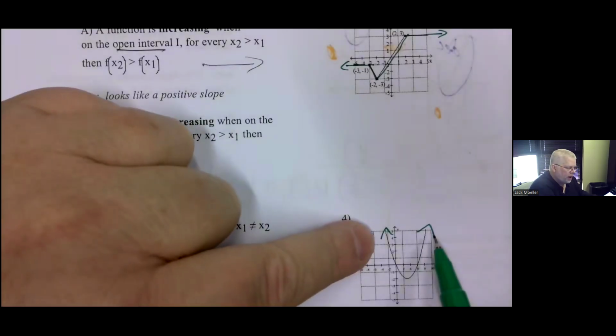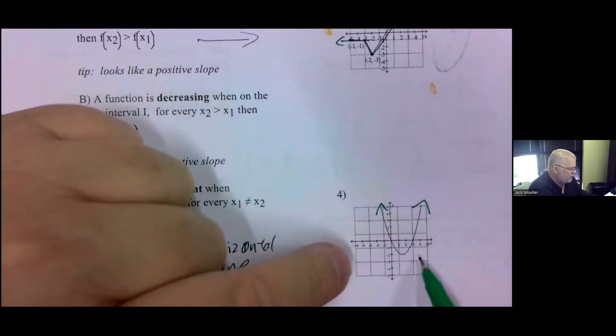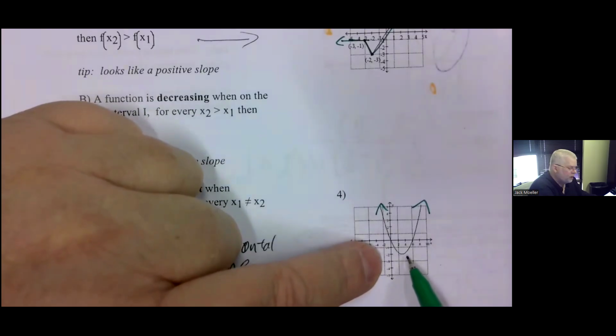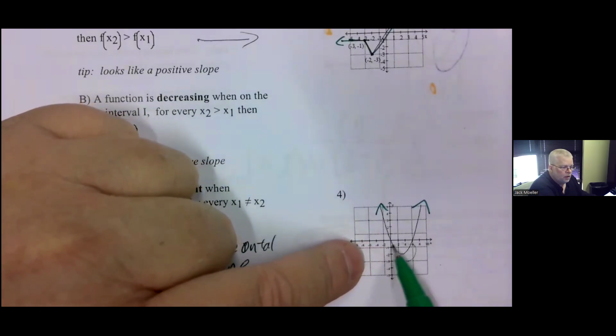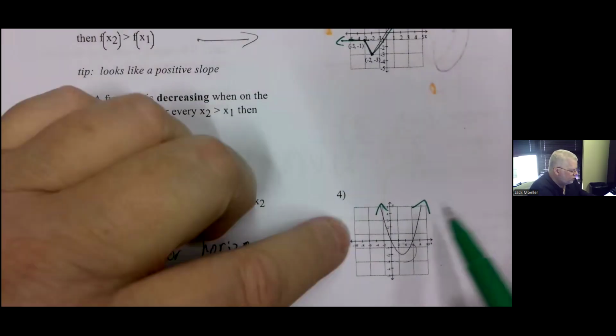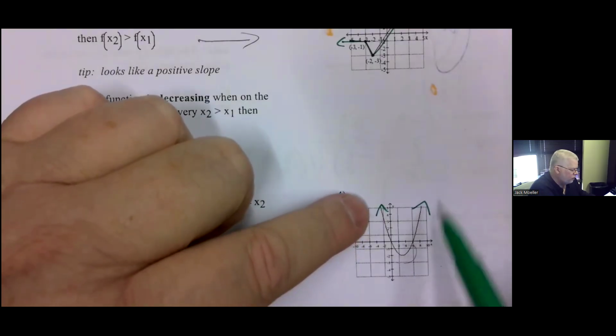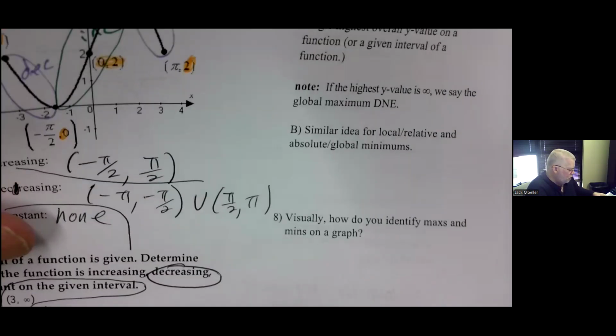So this would not have an absolute maximum or global maximum because it goes up forever. Now it is going to have an absolute minimum because there is a lowest y value. And that's why, for absolute maxes and mins, sometimes they don't occur, because if you're going to infinity or negative infinity, you don't have one.